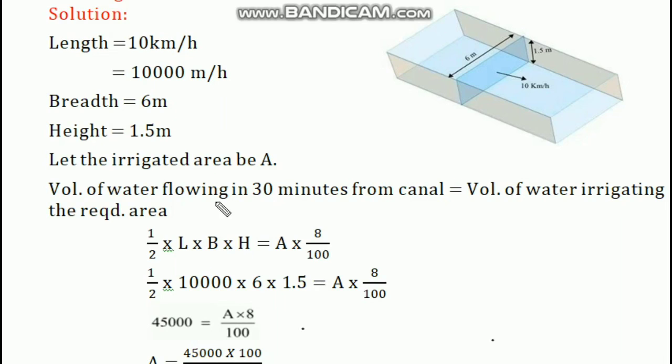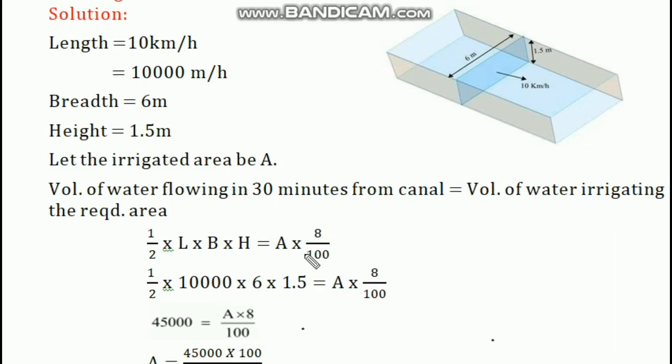So the volume of water flowing in 30 minutes from the canal equals the volume of irrigating water, the required area. This looks like a cuboid, so length into breadth into height.